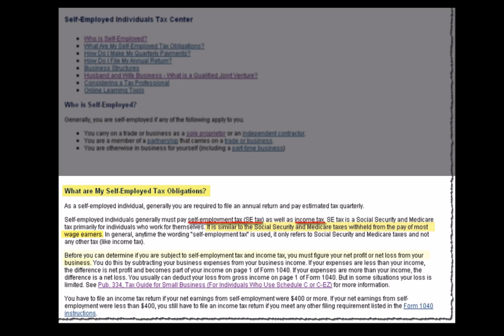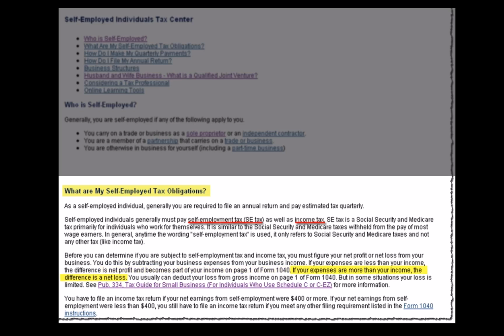Before you can determine if you're subject to self-employment tax and income tax, you must figure your net profit or net loss from your business. You do this by subtracting out business expenses from your business income. If there is a net profit, it becomes part of your income on page 1 of the 1040.